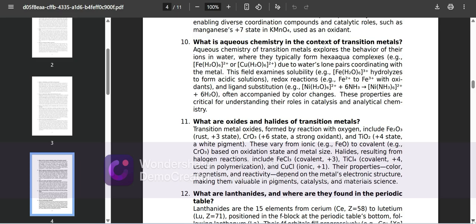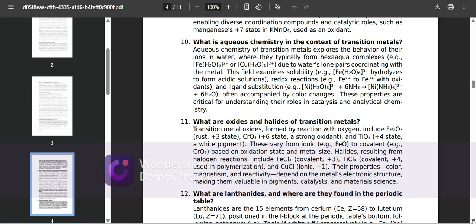This field examines solubility, hydrolysis of Fe(H2O)6 3+ to form acidic solution, redox reactions, example Fe2+ to Fe3+ with oxidants, and ligand substitution, example Ni(H2O)6 2+ + 6 NH3 = Ni(NH3)6 2+ + 6 H2O, often accompanied by color changes.